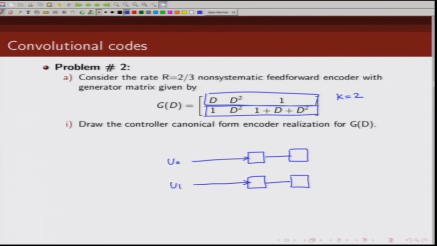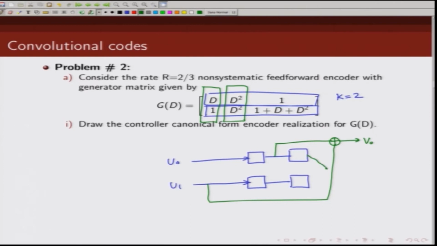Now, there are 3 outputs. So, the outputs are, this is one output, D times the first input and 1 times U1. So, D times the first input is this and 1 times the second input. So, that is this. So, this is your first coded bit. Let us call it V0. Now, what is the second coded bit? This is this term. D square U0 is this term and D square U1 is this term.